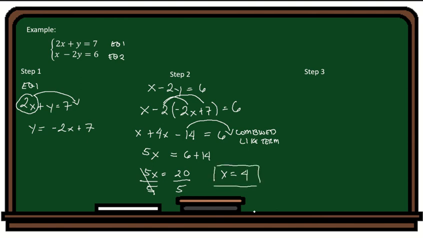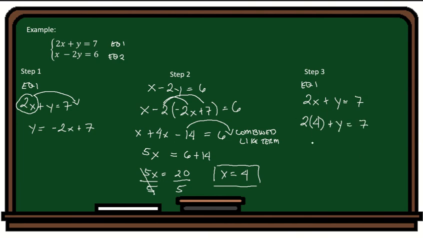So we have now one of our variables. Step 3. We will substitute the solution to any of the original equations. In this case, you can choose which one to use, equation 1 or equation 2. Let's use equation 1. So we have 2x plus y is equal to 7. You already have the exact value of x, which is 4. So we substitute 2 times 4 plus y is equal to 7.